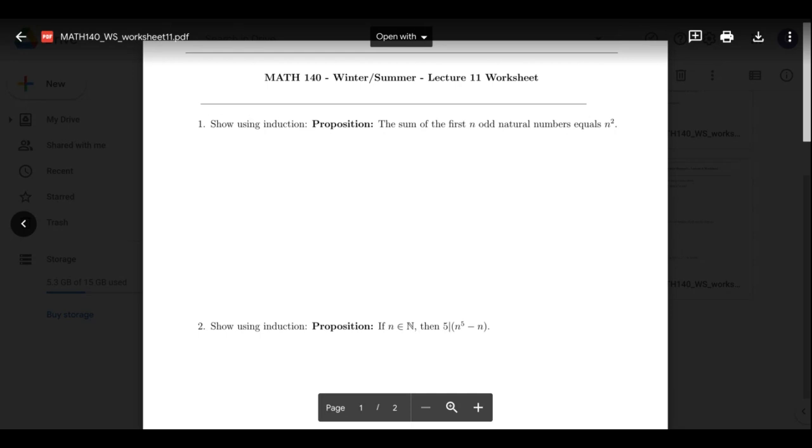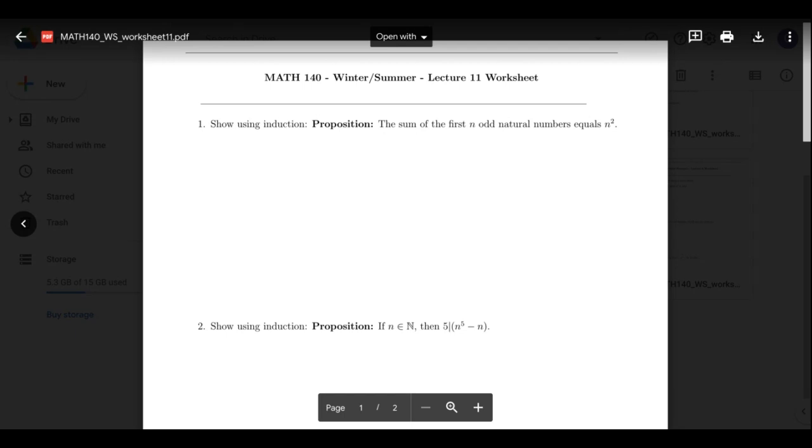Then assume P of n. Assume P of n, which is 1 plus 3 plus up to 2n minus 1 equals n squared. Okay, assume this. P of n is a statement.